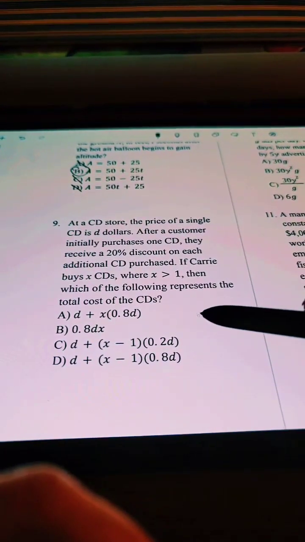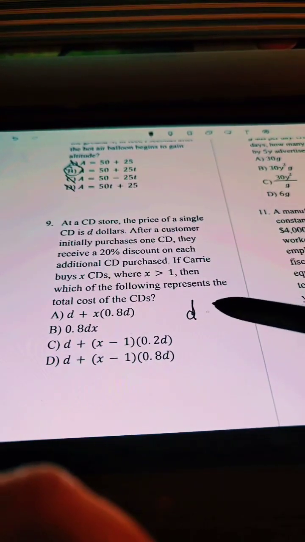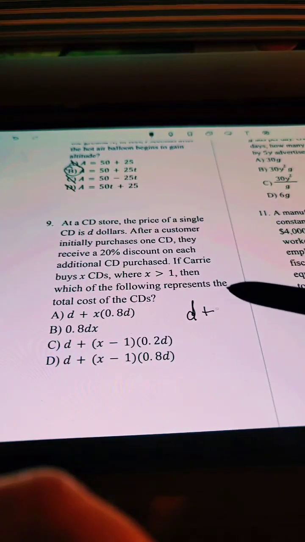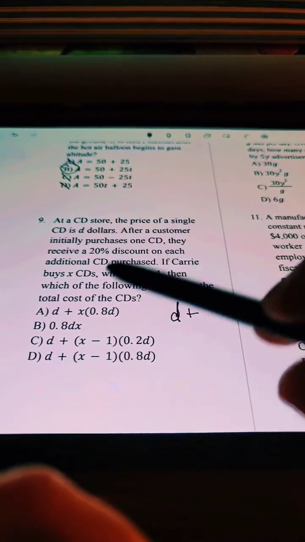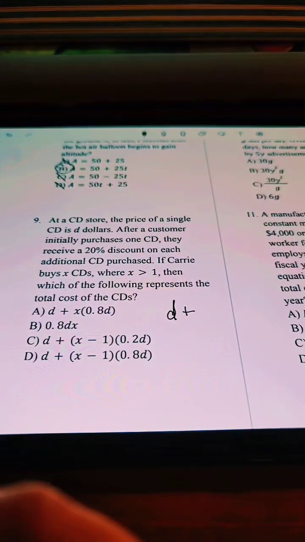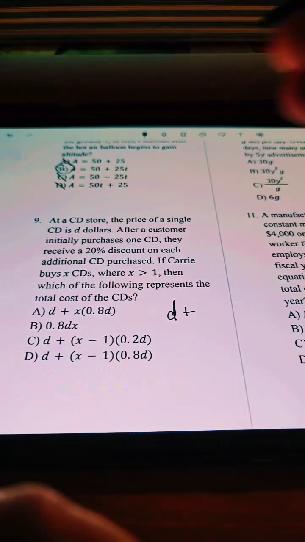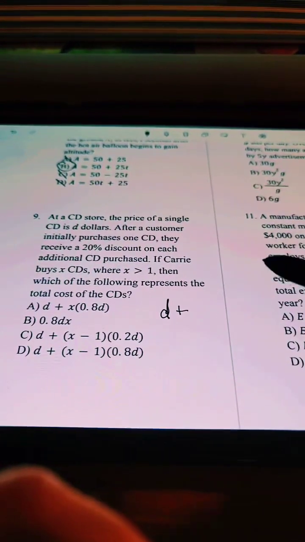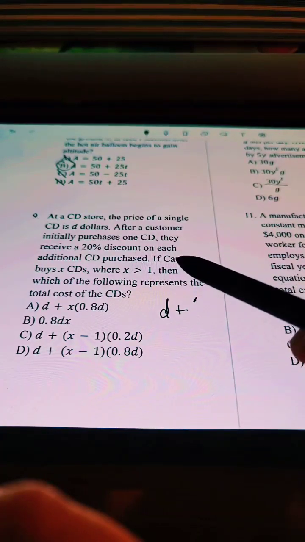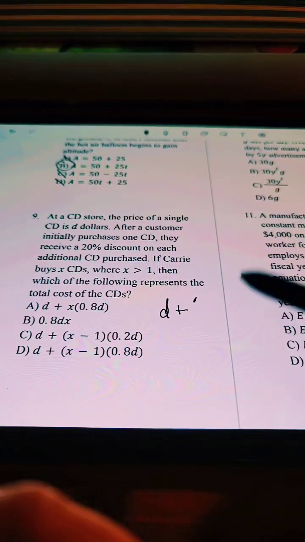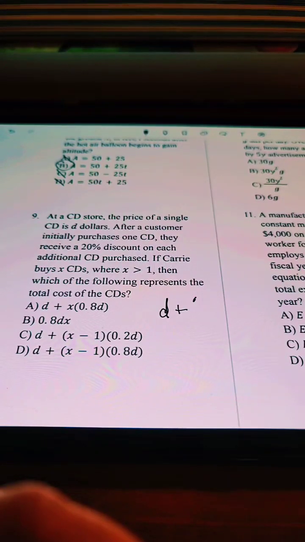Okay, so you're buying that one single CD, right? That's going to be $D. And then you're going to add on what you're paying for all the other CDs that you buy. X has to be greater than 1, because it's going to be every CD that you buy after that first one that costs the $D. So it's going to be D plus, it's a 20% discount on each of them. If it's 20% discounted, you're left paying 80%.